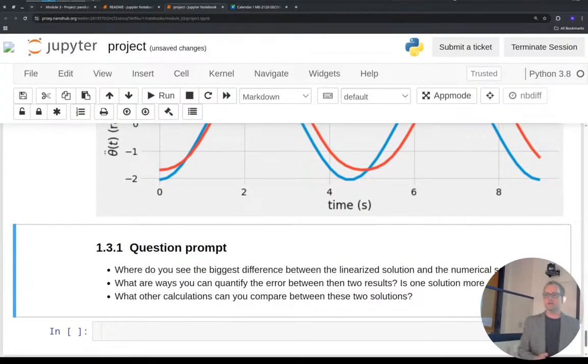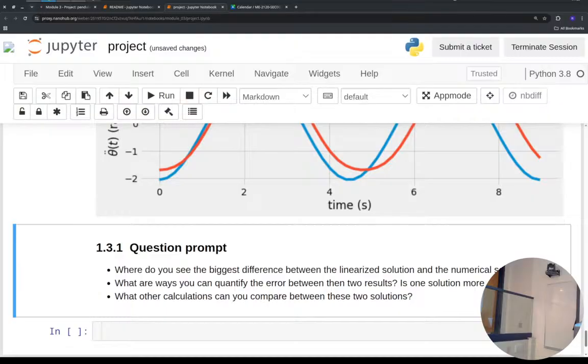So we talked a little bit already about how we describe the differences or the similarities. We're looking at waves, so we can describe it with time periods, frequency, amplitudes. Those are great ways to compare these outputs. So that's kind of these first 2 questions.